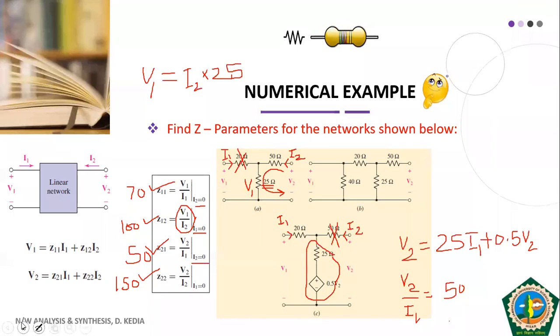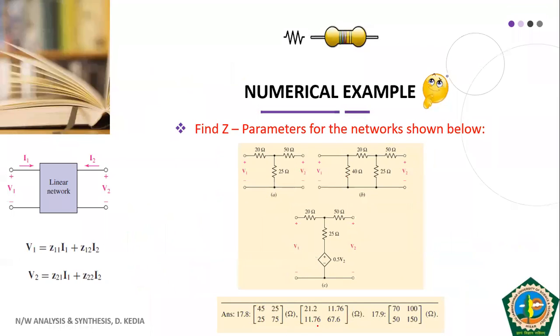In the next slide, I had shown you the answers also, but since I have already covered that, till now we have covered admittance parameters and Z parameters, and these two, impedance parameters and admittance parameters, we are already aware of these terms.